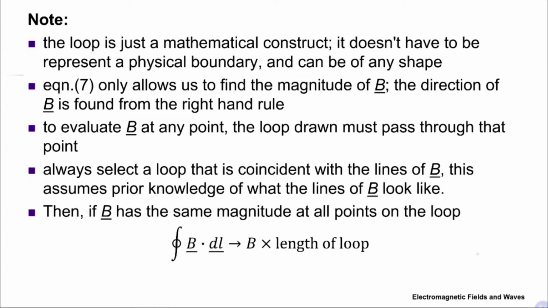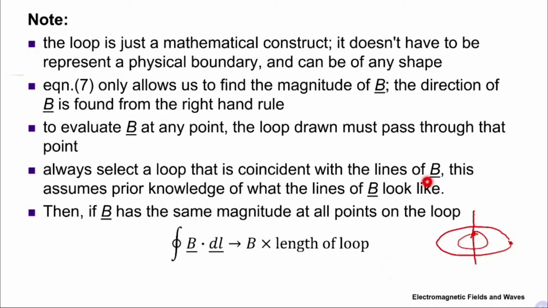If I want to find the magnetic flux at this point, then my loop must pass through this point. I can't draw a loop like that to find the magnetic flux at this point. Select a loop that is convenient, that coincides with the direction of the magnetic flux density.